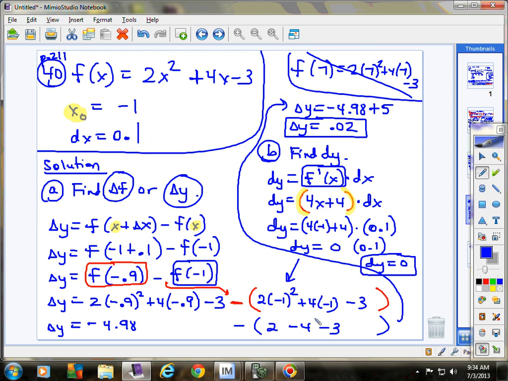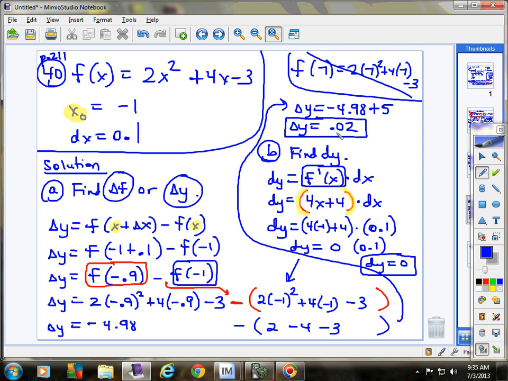So which one of these answers, 0.02 or 0, is the true change in the function y as x is changing from here to -0.9? Which one of these is the true change on the curve? Which one is the change along the actual curve, the true change in y?